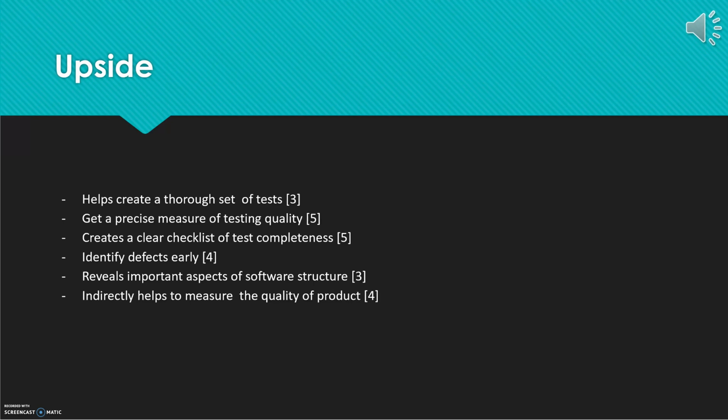Another point is that it allows the tester to create a clear checklist of test completeness. It provides a template, like I mentioned previously, to create the points and corners in your own perspective to have an accurate and fully functional test, and therefore a complete source code.